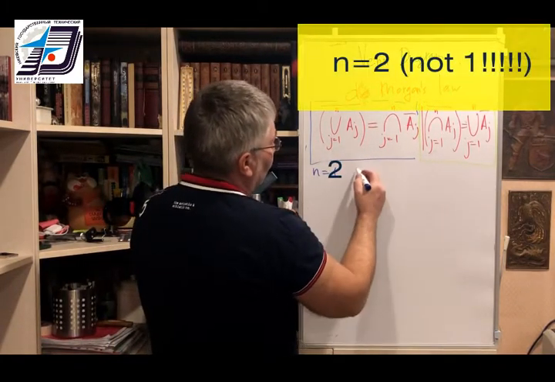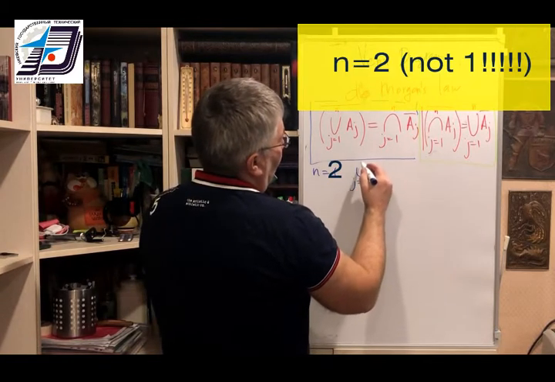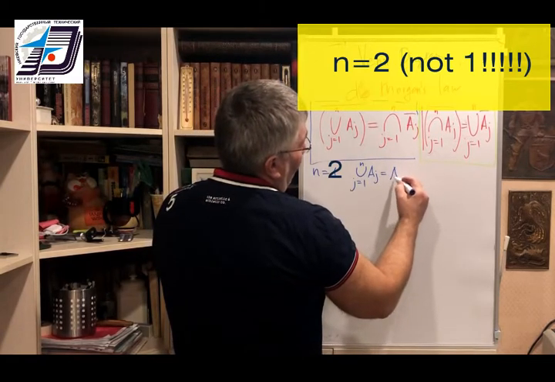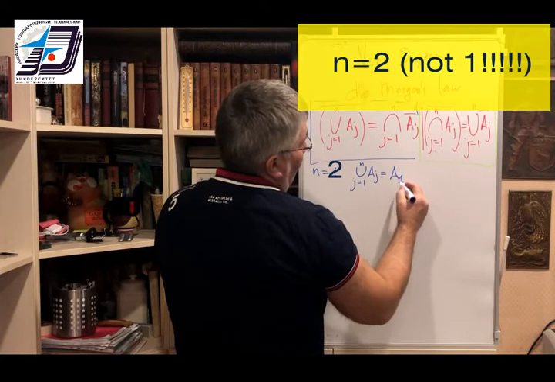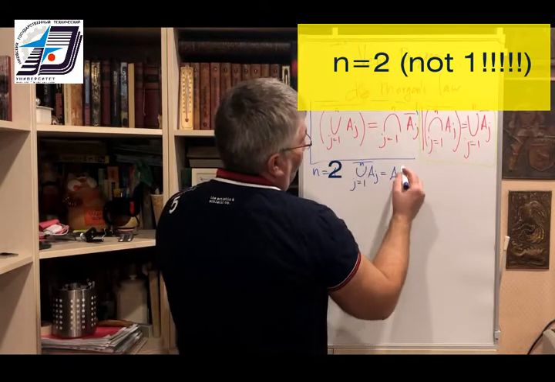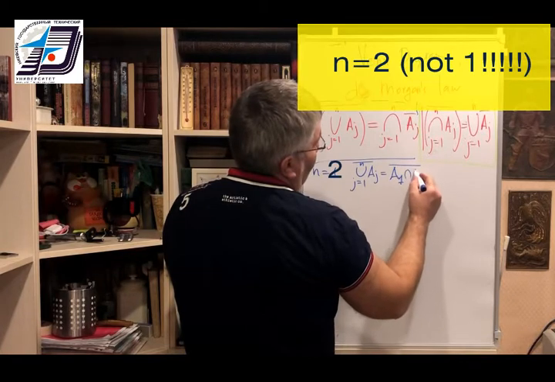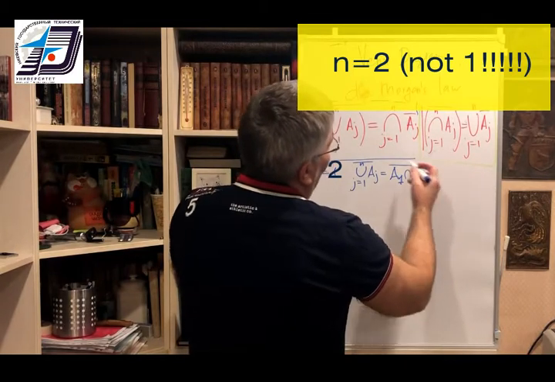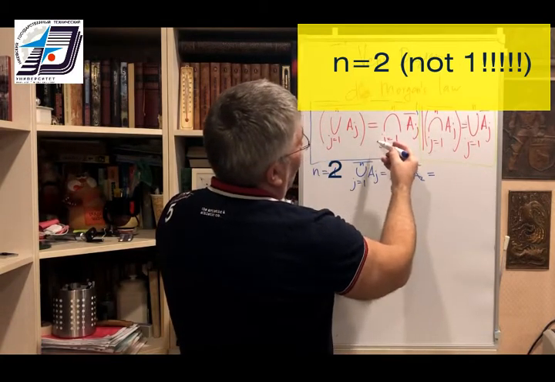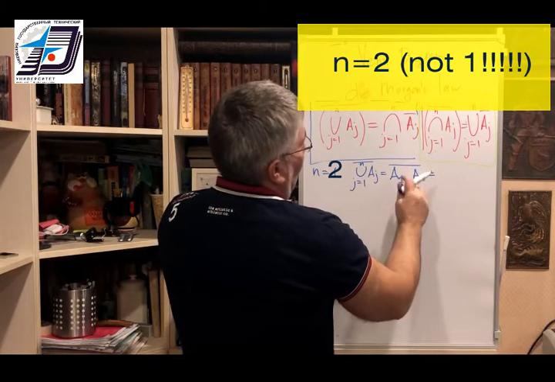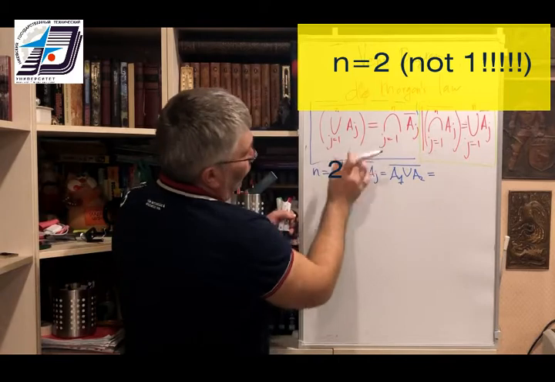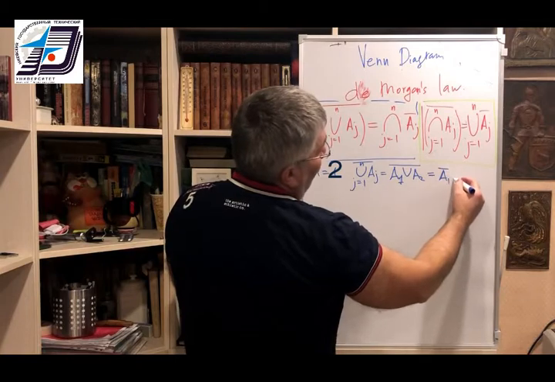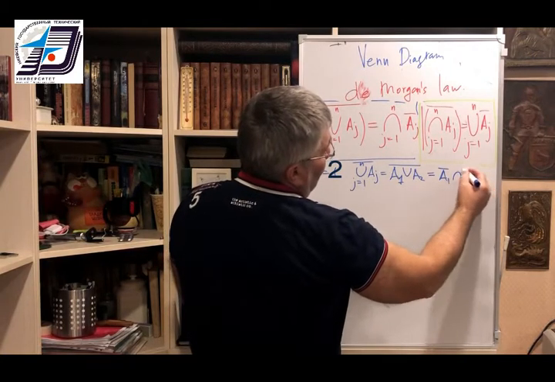So this formula, j equal 1 up to n, Aj, gives the result A1 or A2. According to De Morgan's law, it is negation of A1 and negation of A2.